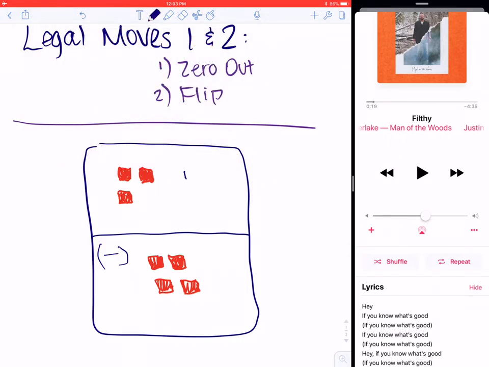So I have -3 on the top. Let's add some positive units.